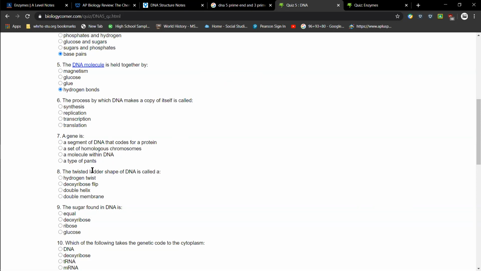Most of you got this. It is the double helix. Remember that the ladders, or the phosphate sugar backbones, actually twirl into that helical shape. So that's why it's the double helix.